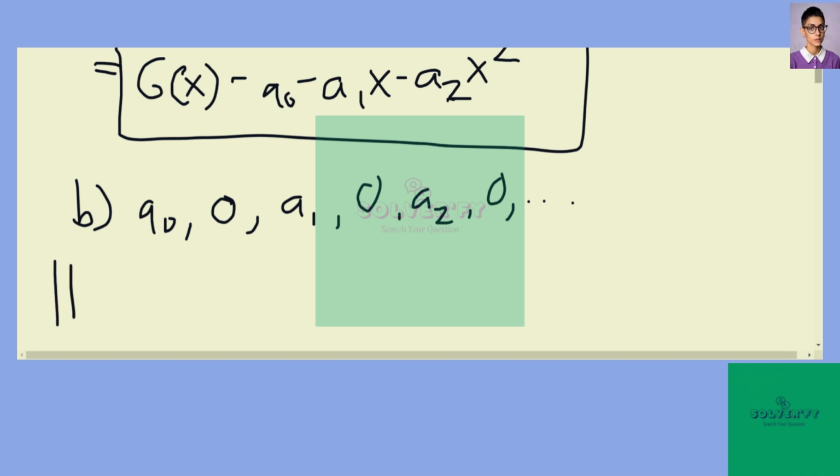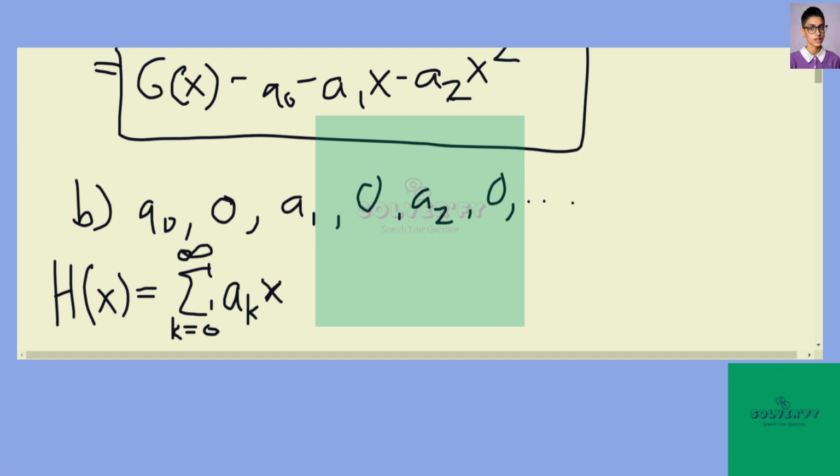If h of x is the generating function for this sequence, we see that it has the form sum from k equals 0 to infinity of a sub k x to the, and here if k is 0, this is x to the 0.